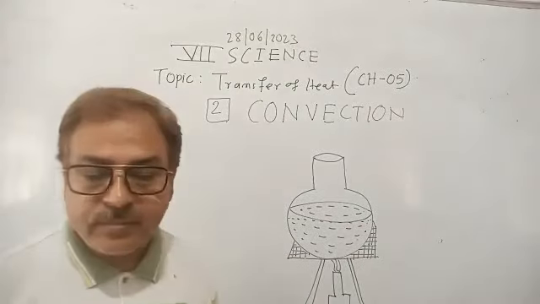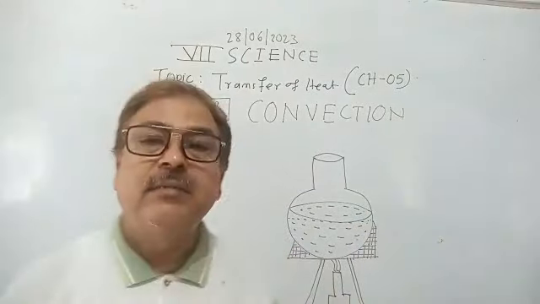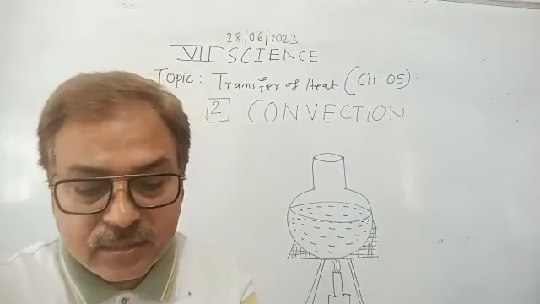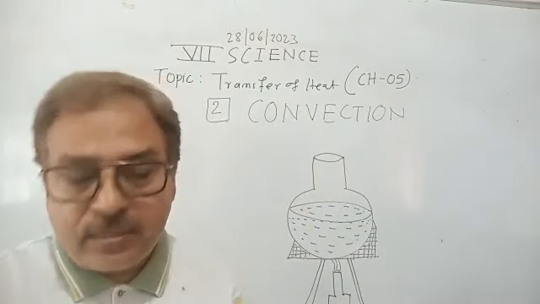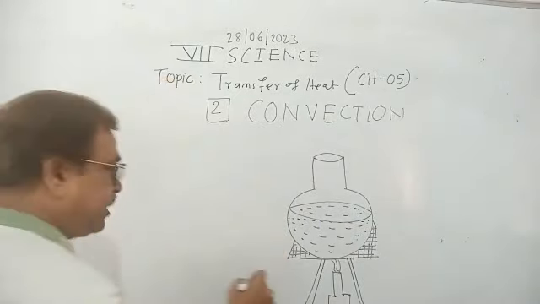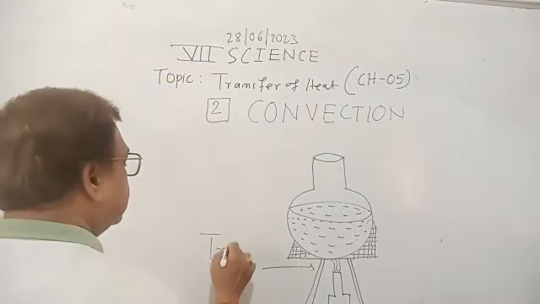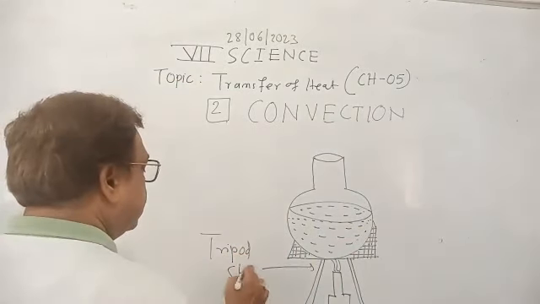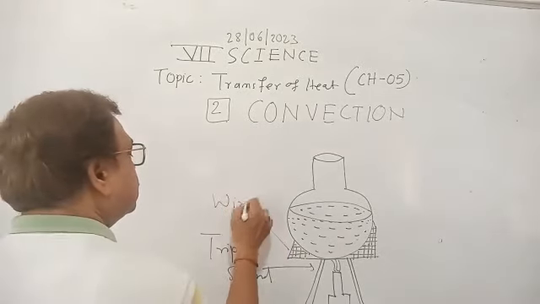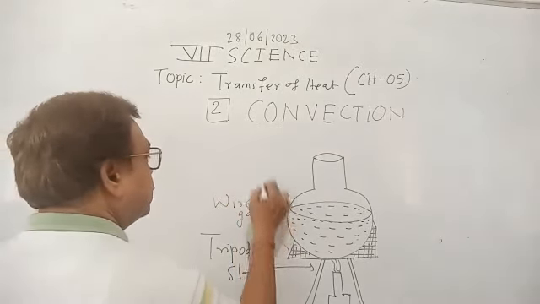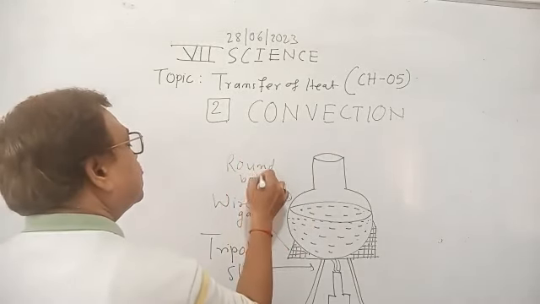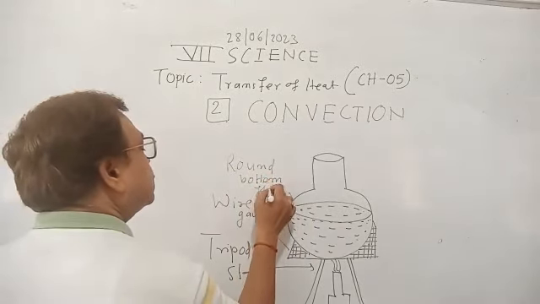You can see here how, when we take a round bottom flask and it is fitted on the stand, and we take a three-point stand, this is the three-point stand, the wire gauze, the round bottom flask.